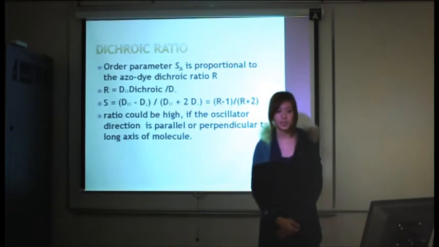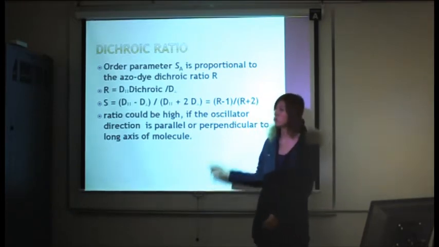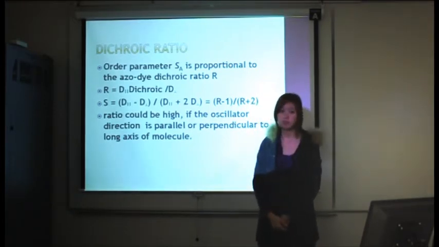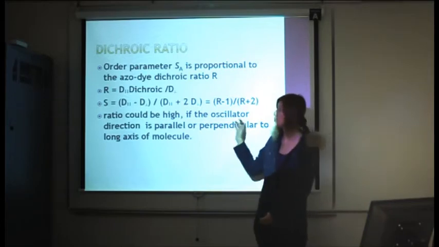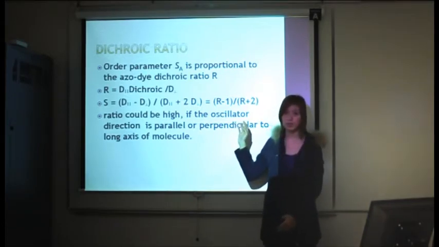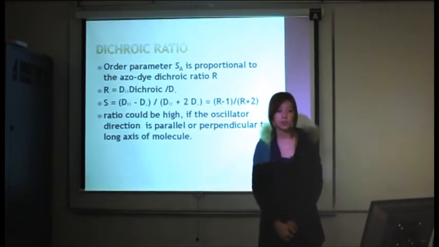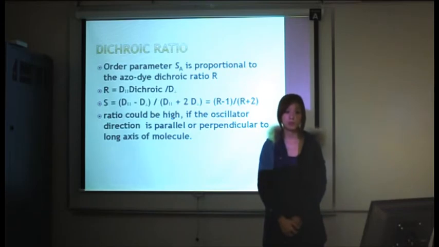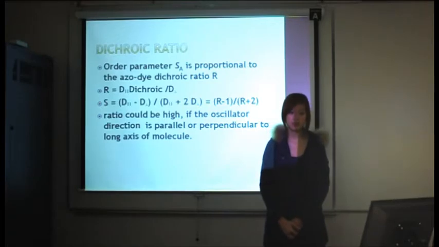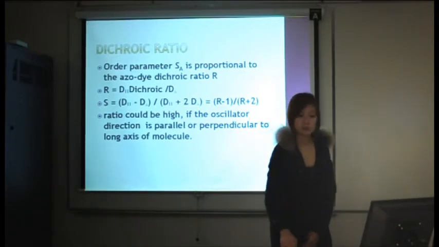The order parameter is proportional to the azo dichroic ratio R. And here are two formulas showing how we can calculate the dichroic ratio and order parameter. The dichroic ratio will be high if the oscillator direction is parallel or perpendicular to the long axis of the molecule.